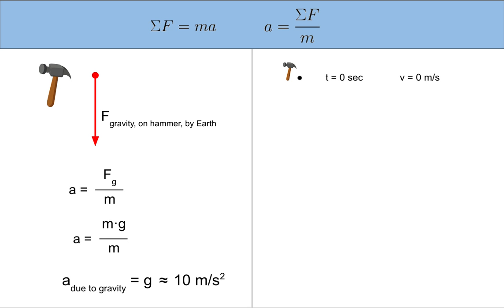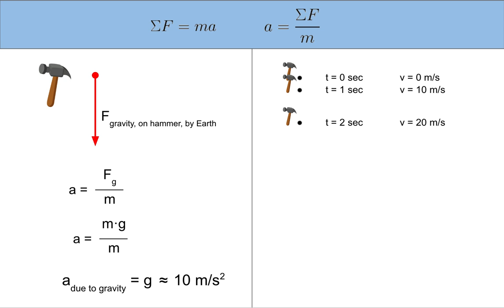After it's been falling for a second, it's gradually been speeding up. And if we were to look at the split second when the stopwatch hit 1 second, we would find that the speed would be 10 meters per second. That's really what 10 meters per second squared as the acceleration means: it speeds up by 10 meters per second every second.